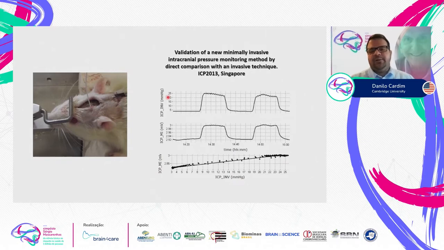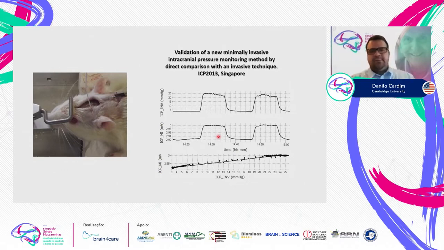Here, for example, is one of the seminal works that Professor Mascarenhas developed back in the day, comparing intracranial pressure measured invasively and minimally invasively with this strain gauge sensor glued to the skull. Here we performed a series of saline infusions into the subarachnoid space in these rats so as to cause sudden and sustained increases in intracranial pressure over time.